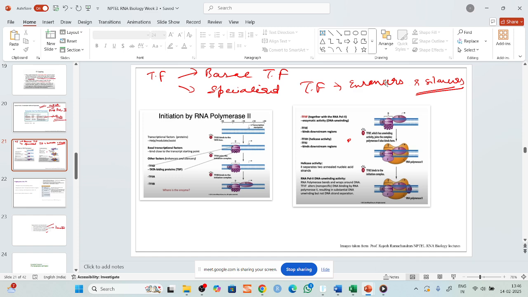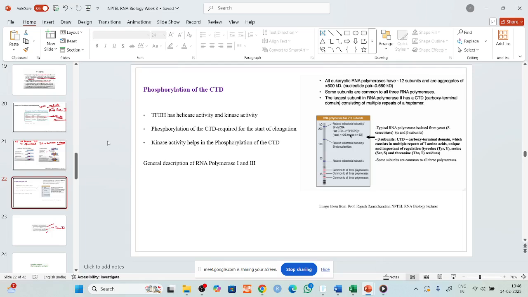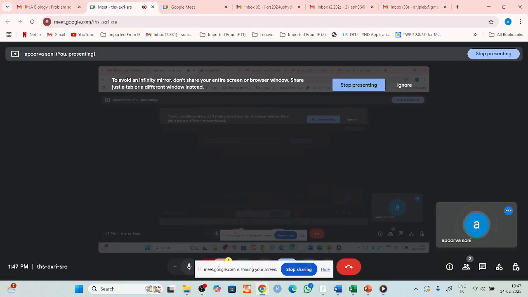Specialized transcription factors can be enhancers and silencers, and basal transcription factors are TFIID, TFIIA, TFIIB and so on. Amongst these, TFIIH is important because it has helicase activity as well as kinase activity. This activity is required for the phosphorylation of the carboxyl terminal domain, and only after that will it undergo the elongation process.